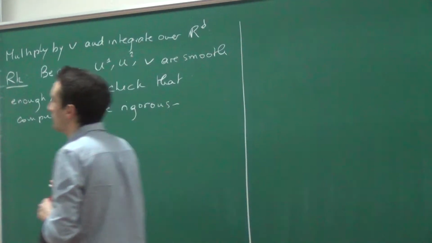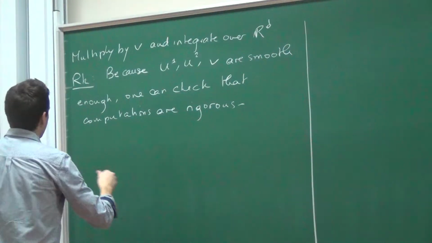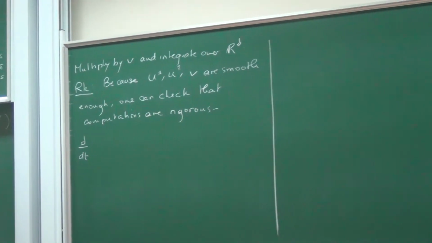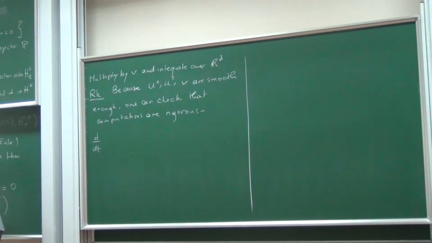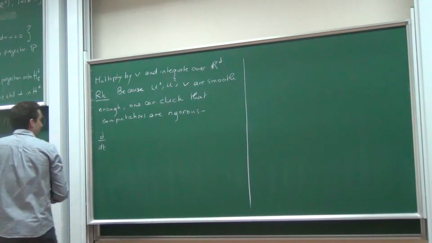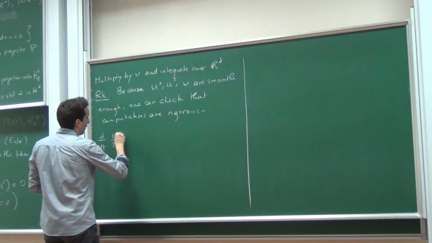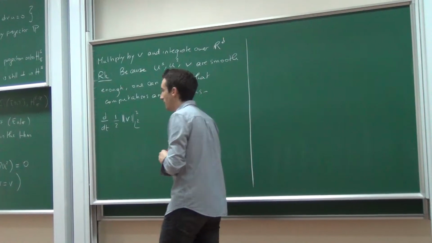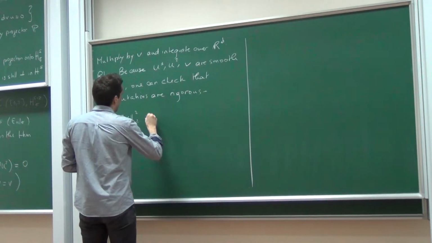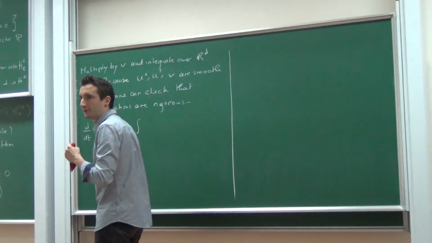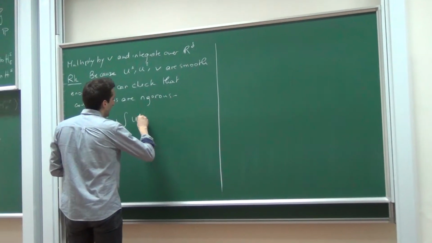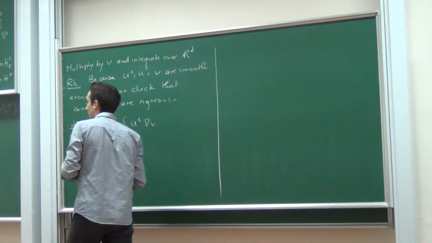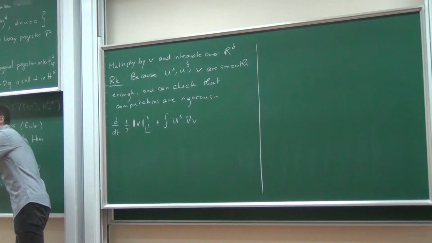So what do we get when we do the energy estimates? We multiply the equation by V. We had seen yesterday that when we multiply this by V and integrate, we get the time derivative of 1/2 of the L2 norm of V. And then we have two terms. So we have U1 dot grad V. This P is a symmetric operator, right?